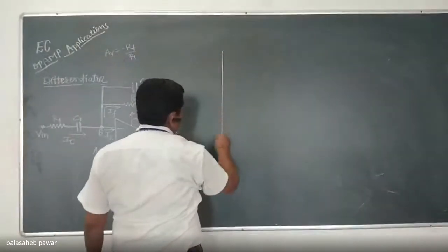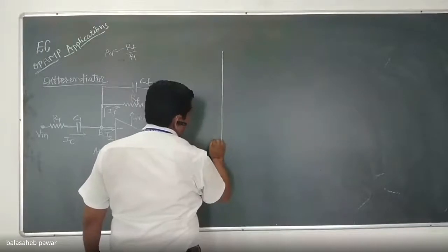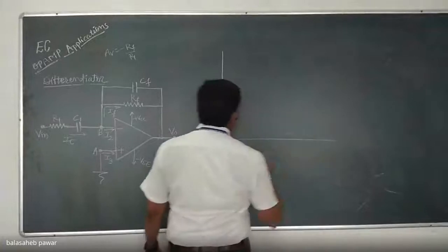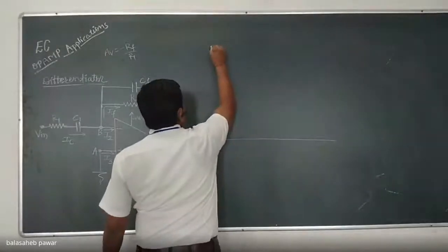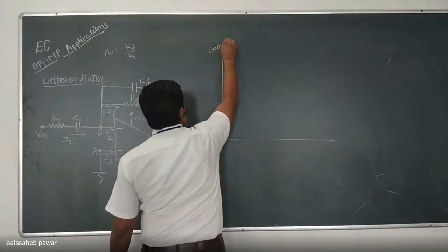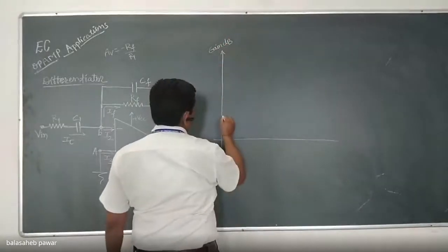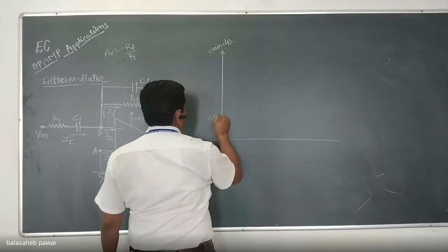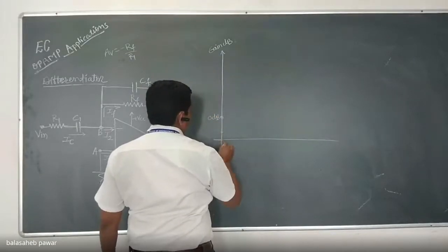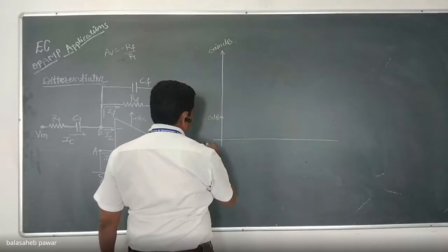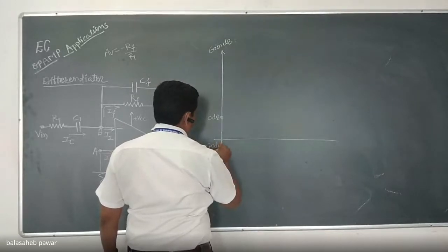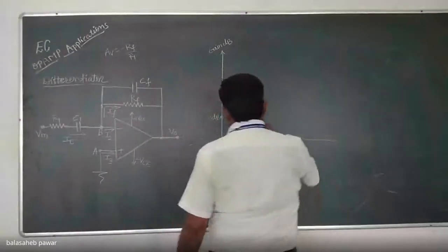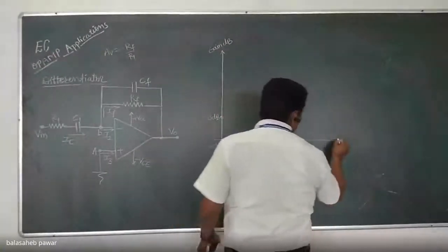First of all, we'll see the frequency response of the ideal differentiator. I will consider gain in decibels. Suppose 0 dB is over here, and later on negative gain, for example minus dB, and so on.